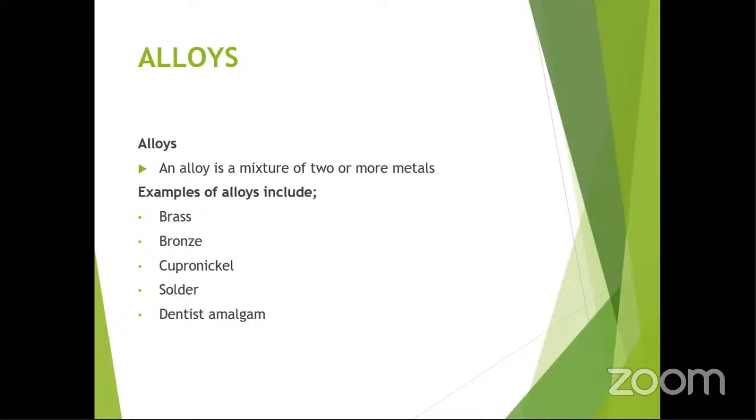But it is not true that all these alloys are made up of steel. Though steel does not allow rusting, that doesn't mean that they are made up of steel. Not all of them are made up of steel.